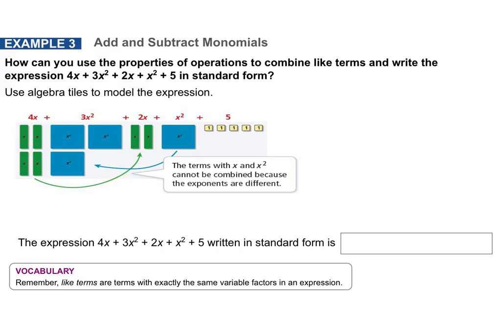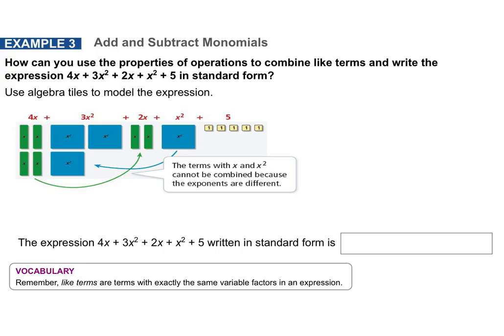So in our expression, 4x, 3x squared, 2x, x squared, and 5, we have 4 green rectangles and 3 blue squares, 2 green rectangles, 1 green square, and 5 little counters. So in order to combine like terms, obviously we're just combining things that are the same.